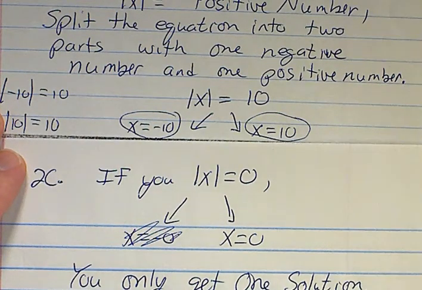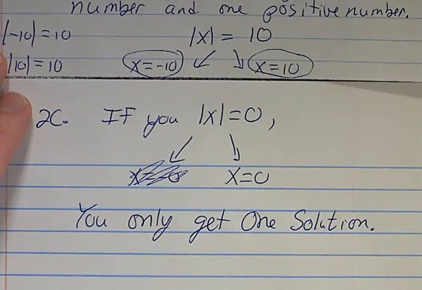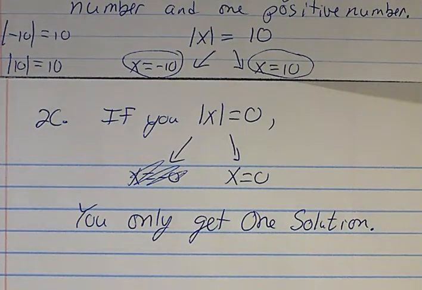Because negative 0 and positive 0 are still really the same thing. It's neutral. It doesn't have a value. Doesn't happen a lot, but it does happen every now and again.